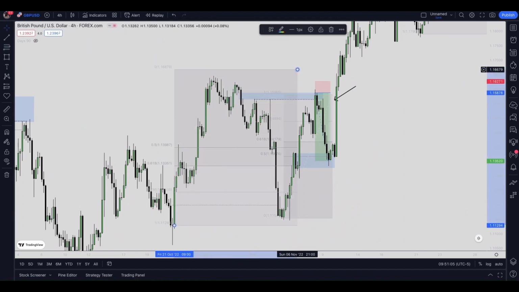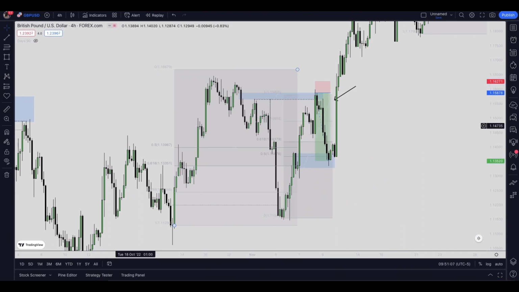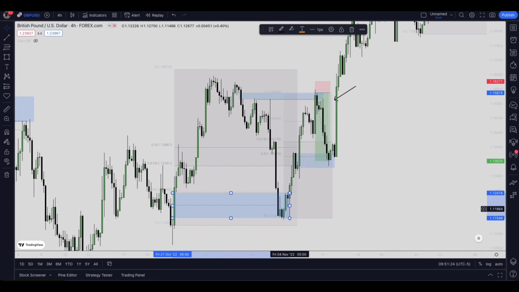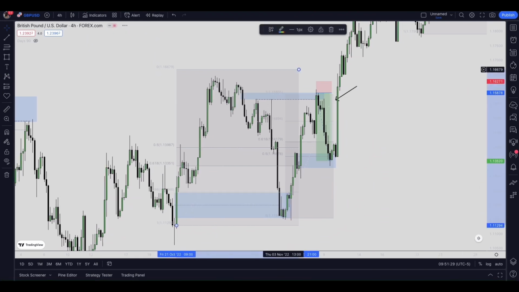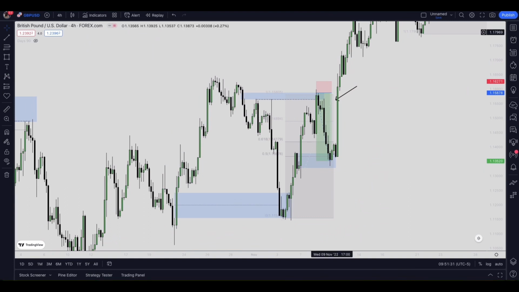You can see here it is, anything below is discount, and the way we do it is we look below the discount and find an objective, which in this case is an imbalance. This works the same. We look for an objective below equilibrium, which in this case is an order block, and that's where price will react off of.